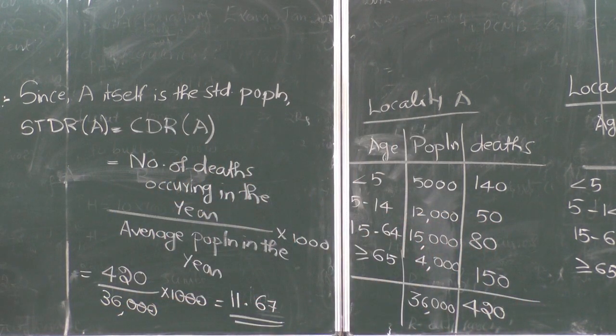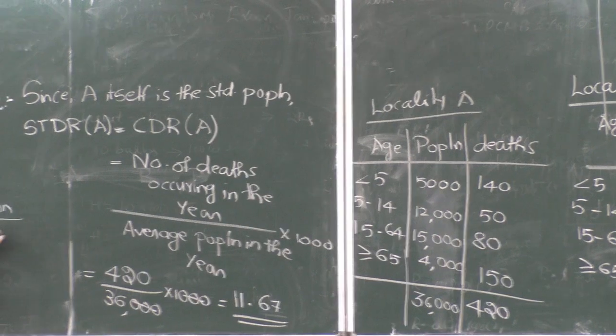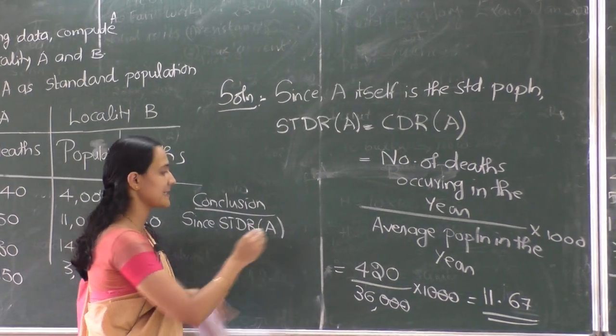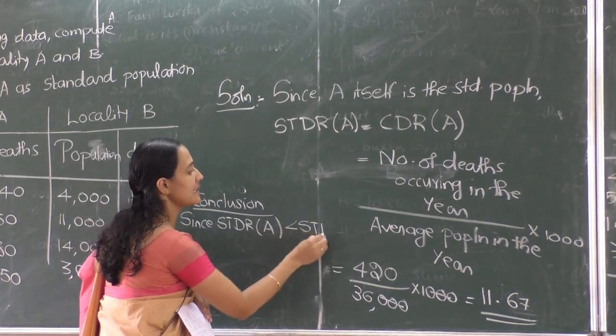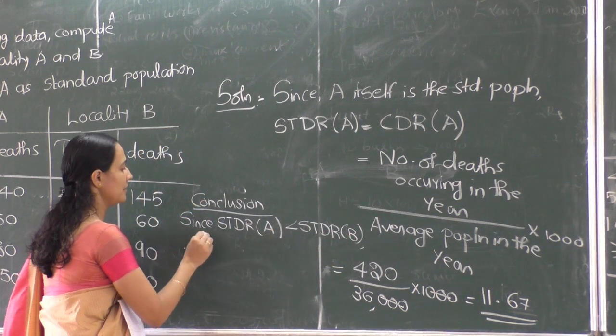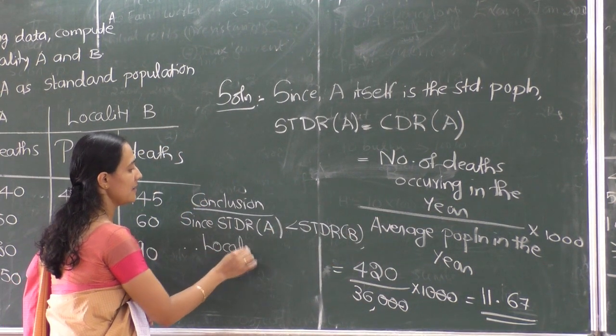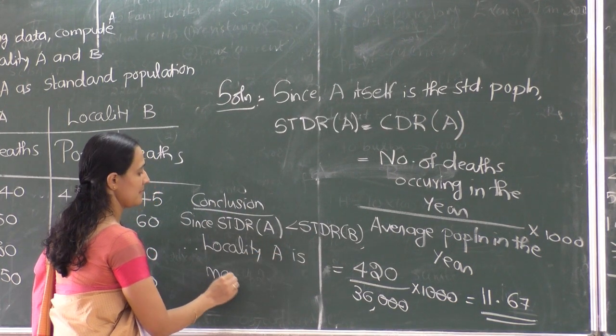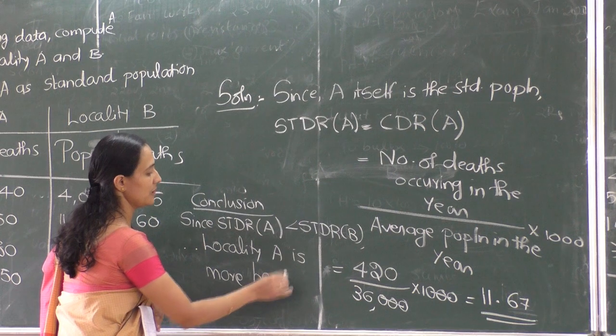I will write the conclusion here. Conclusion: since STDR of A, which one is less, that one you write first, is less than STDR of B, therefore locality A is healthier.